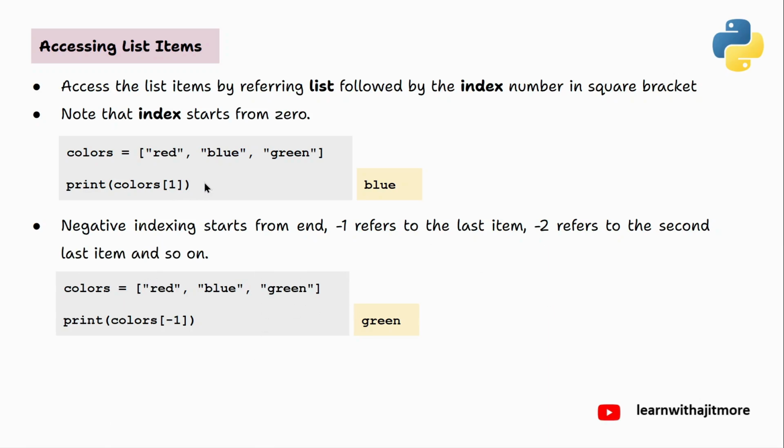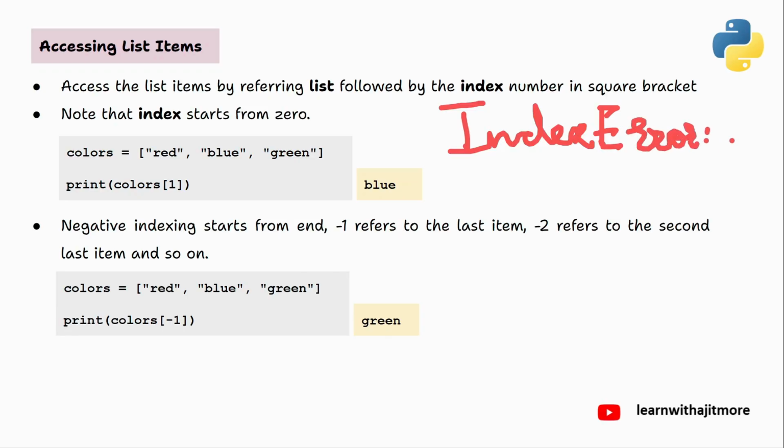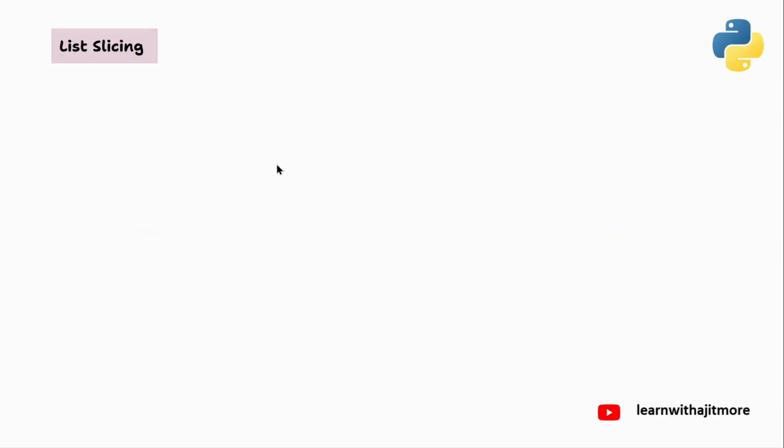And please remember, if you try to access beyond the limit, it is going to throw exception. Which exception? Index error. Getting list index out of range. ठीक है? Yes or no? Please keep giving confirmation, guys. Yes, sir. Yes, Sajid.